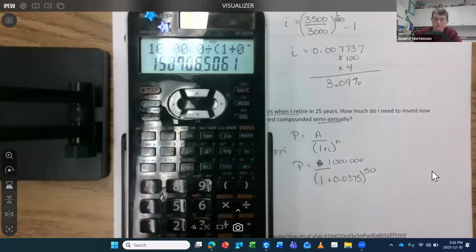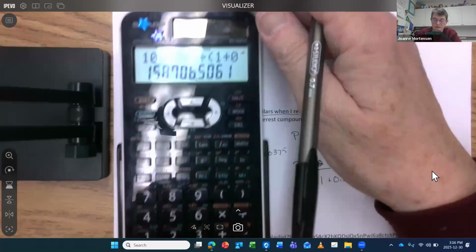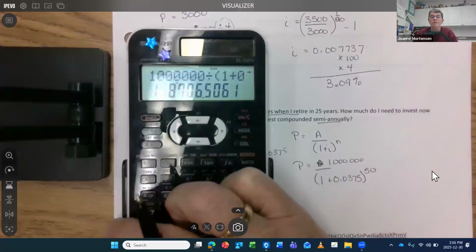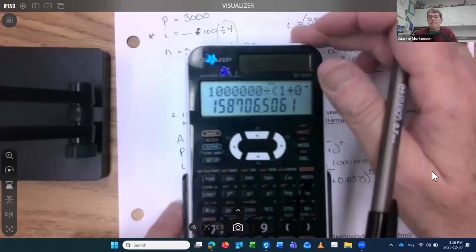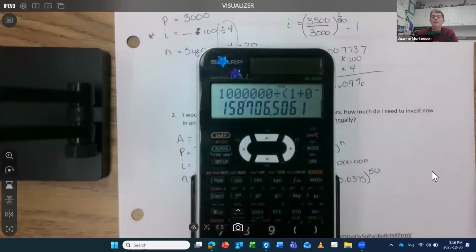It's kind of a ridiculously big number, but I'm looking at having $1 million, so I better be able to invest a fair big chunk right now.